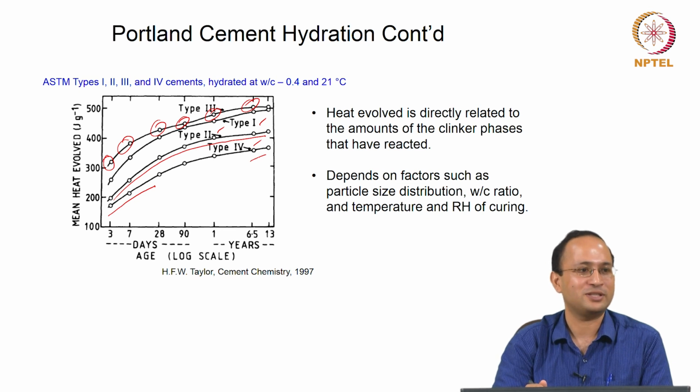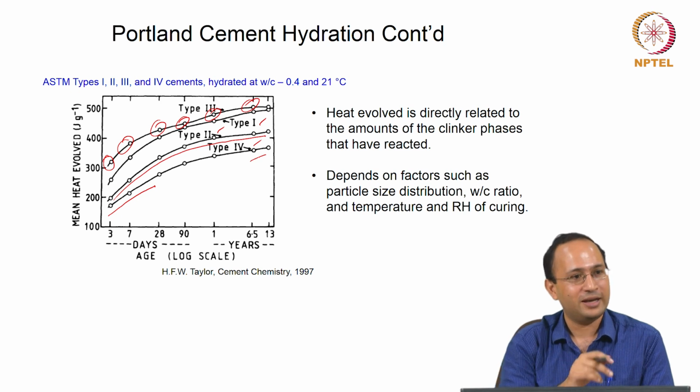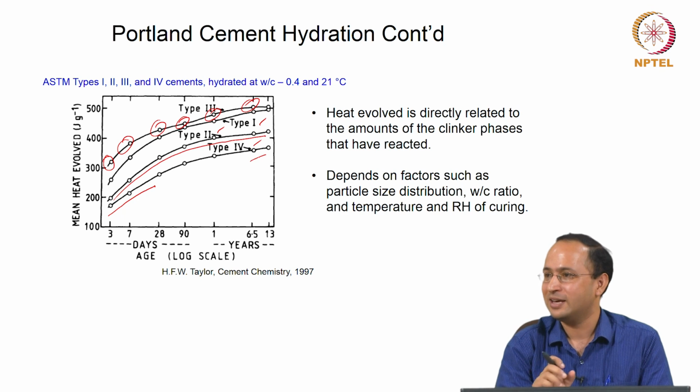Type 4 has more C2S, right. And the heat evolved will depend on the amount of each phase, how much C3S you have, how much C2S you have, because reaction is different, right. The reaction, each chemical reaction is different. If it is different, then the associated heat release is also different.